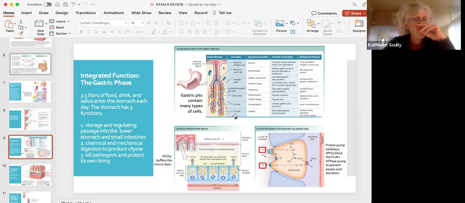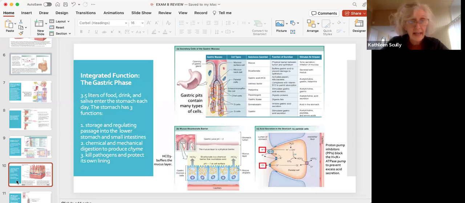One of those functions, helpful to know, has to do with digestion of proteins. And so that involves secretion of acid and secretion of pepsinogen, which is going to be converted into active pepsin in order to aid in protein digestion.